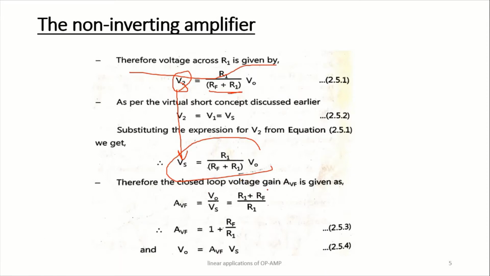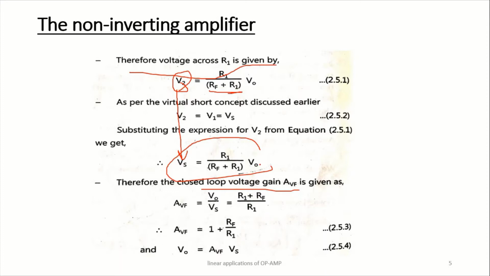Now the closed loop voltage gain AVF is the ratio of output voltage to input voltage. Here the output voltage is V0 and the input voltage is Vs. So V0 divided by Vs can be written as R1 plus RF divided by R1.